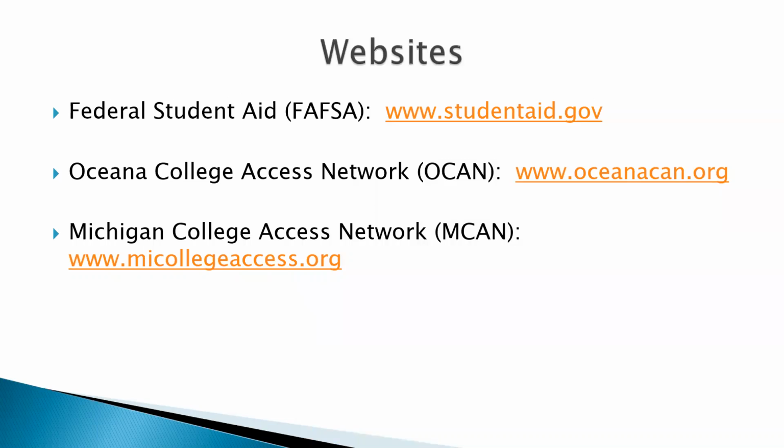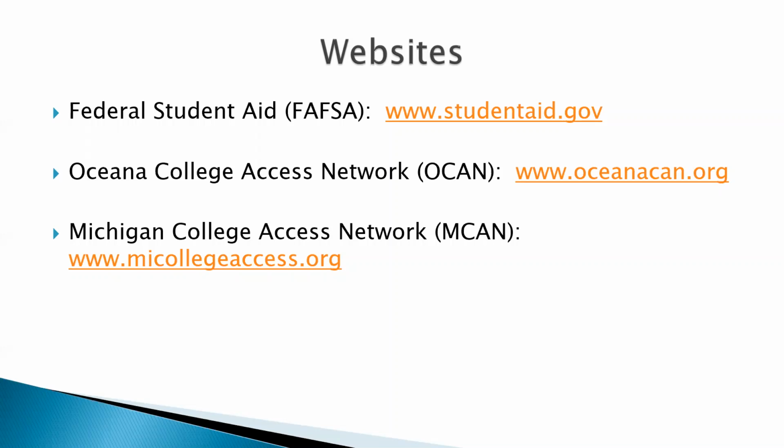So there are a couple of really good websites out there that are very helpful. The first one being the federal student aid site. I can't tell you how helpful and user-friendly that is. Everything we just talked to you about loans, there's 10 more items on that website, and it's very simple and easy to understand.